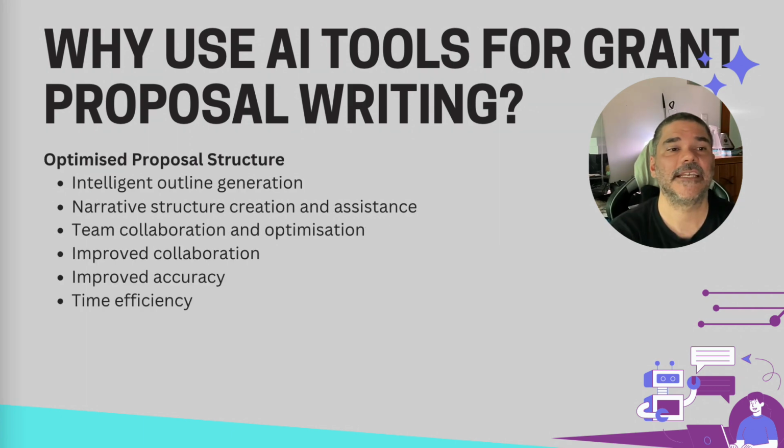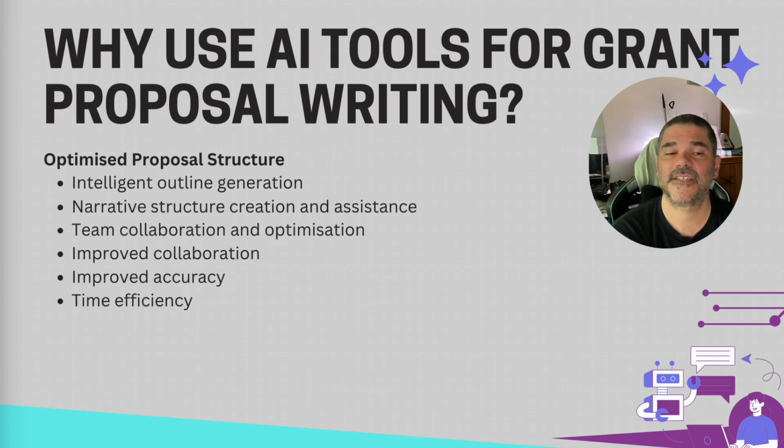And finally, optimized proposal structures is the third reason to use AI tools. So it'll help you create an intelligent outline generation. There will be narrative structure creation and assistance, especially if you're asking it to give a storytelling bent to the work.